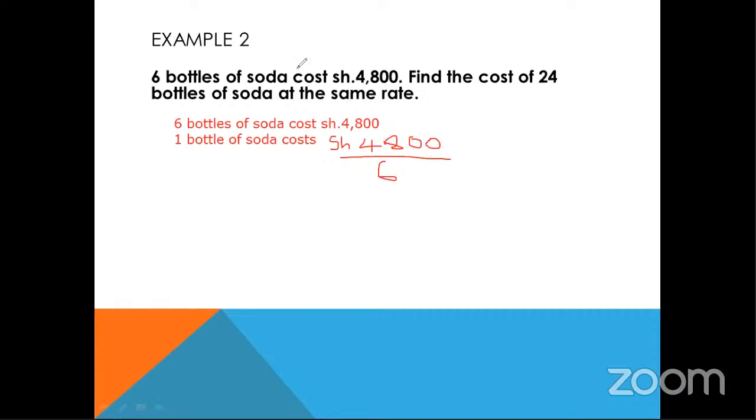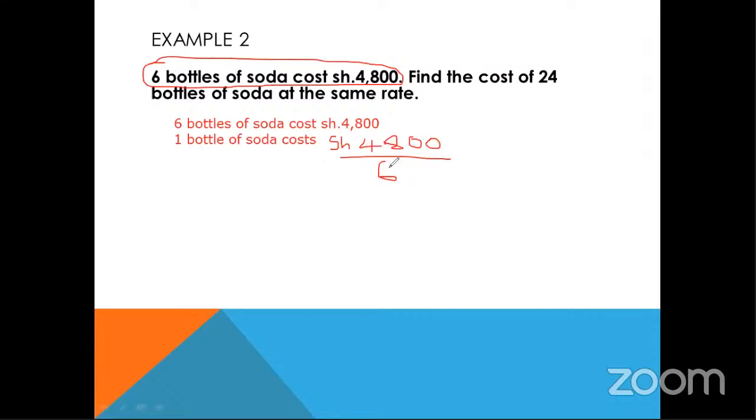Members, we first deal with this statement here. Before we get the cost of 24 bottles, we need to know the cost of 1 bottle, and for us to know the cost of 1 bottle, we must divide. So that's why, to get the unit cost, we are going to divide.